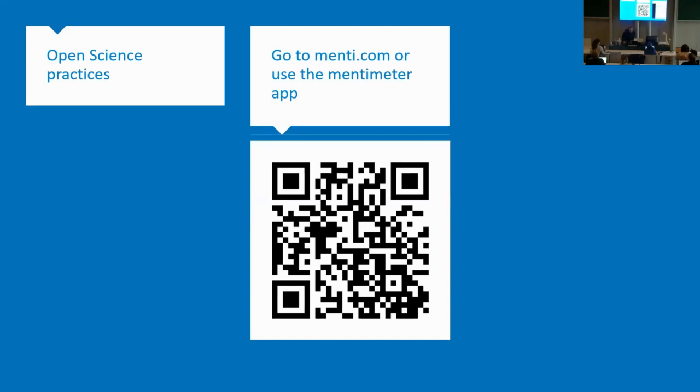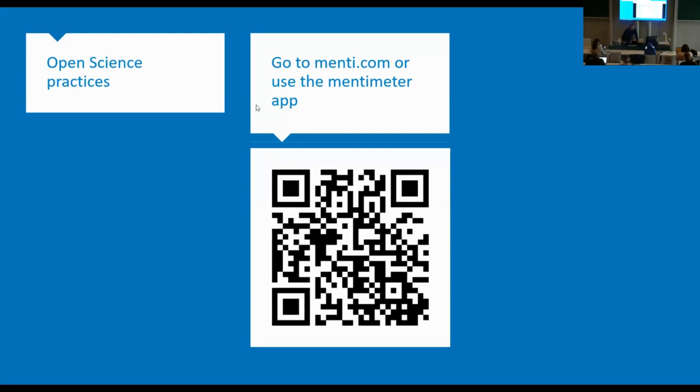For the people online, you can go to menti.com and put in the code. So anything that you associate with open science or practices that you already are doing, thinking about, or see other people do.